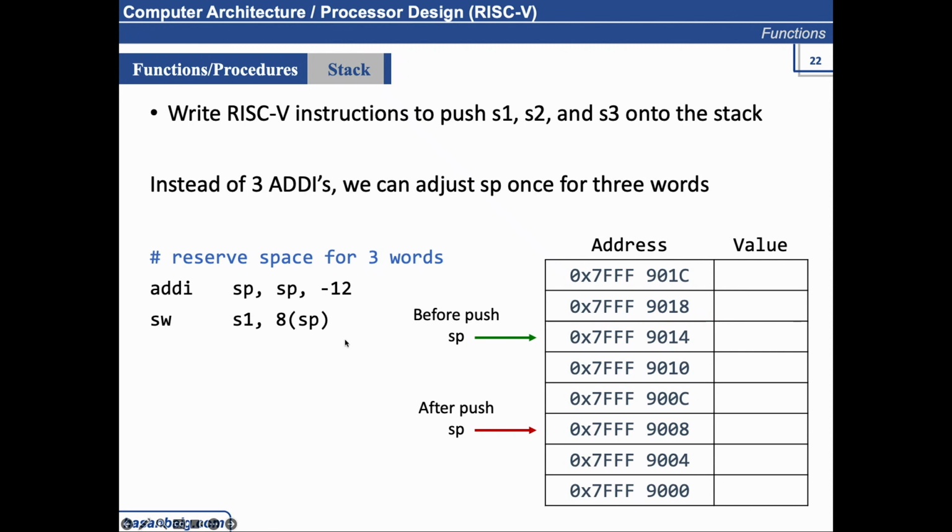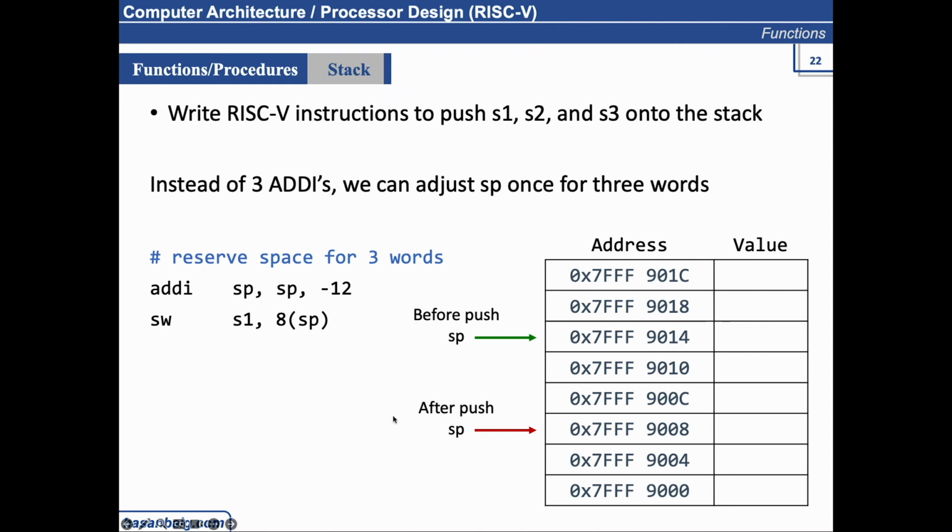Where do you think this value is going to be placed? Which address? We are pushing our first value S1. At which address is the value going to be stored? 9010.